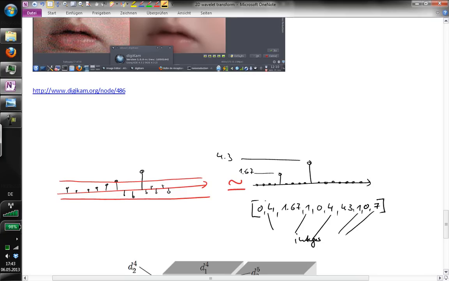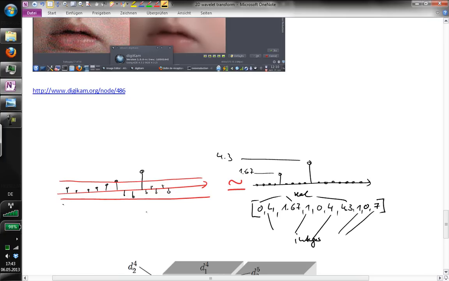And these other numbers, I could represent the 0 in a special way, but I'm not doing that now. The other numbers are real numbers, and storing this is less effort than storing the original amount of real numbers that I have in the original signal.